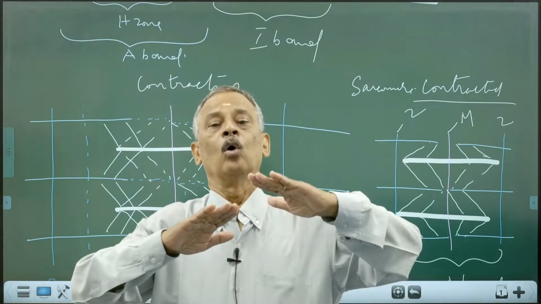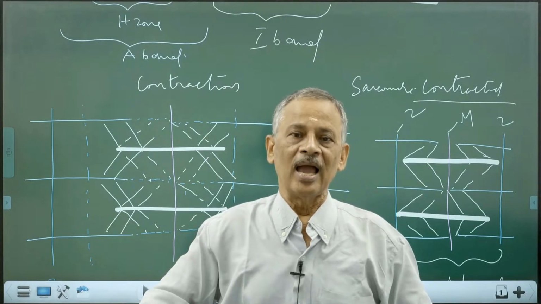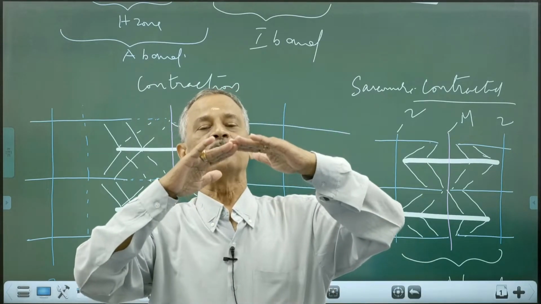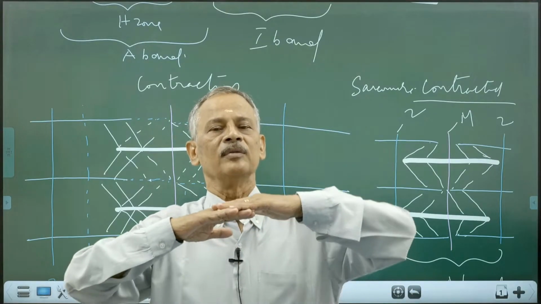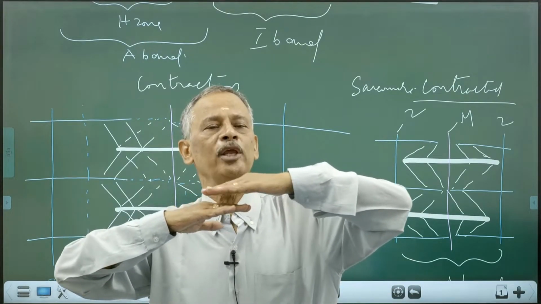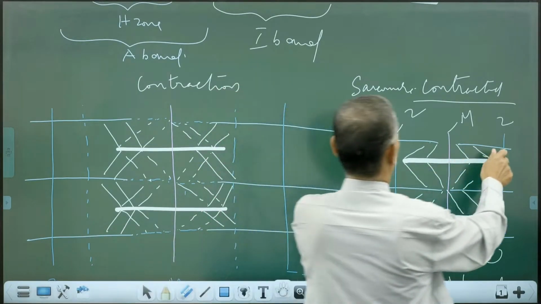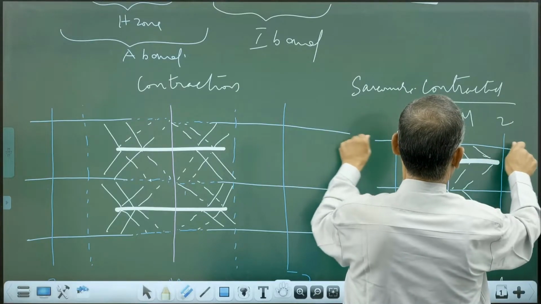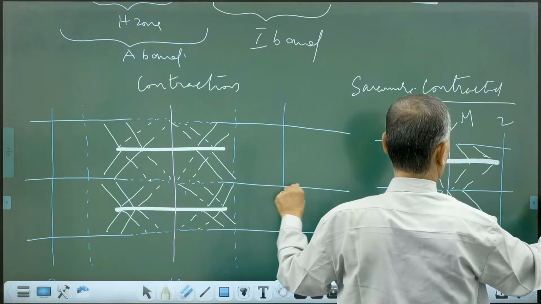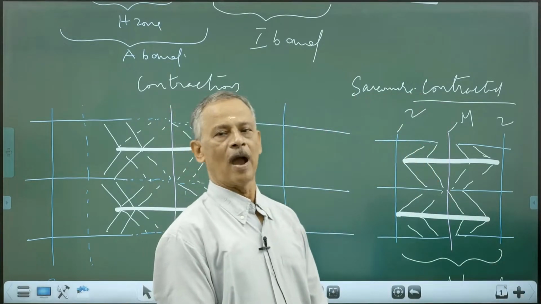So there is no ATP coming and attaching, and hence the cross bridge is broken. And when the cross bridge is broken, the thin filaments slowly go back to their original position. When the thin filaments are sliding past, the filaments are going wider and wider. That means I band is again appearing.